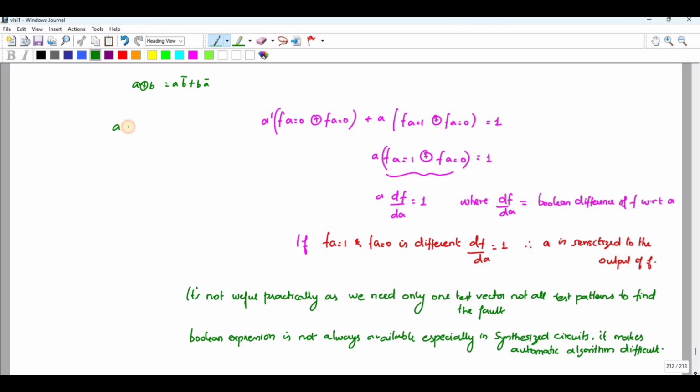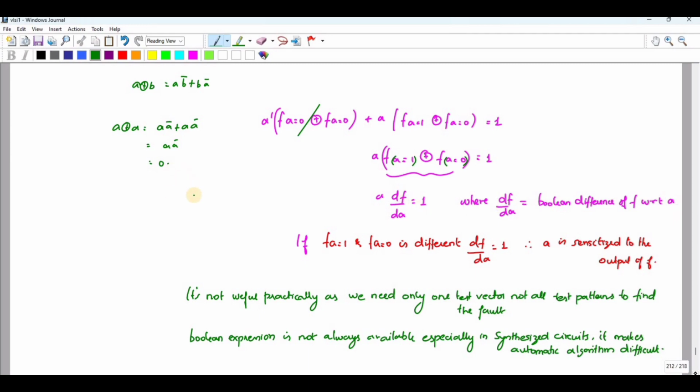A XOR a is a bar plus a bar, which is nothing but a bar, that is equal to 0. So this whole term gets cancelled out and you will get f of a equal to 1 XOR f of a equal to 0 equal to 1. This term is nothing but the Boolean difference of f with respect to a.